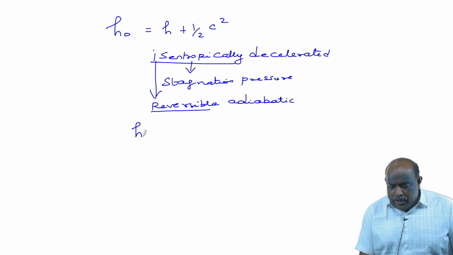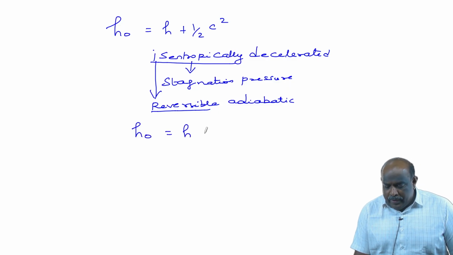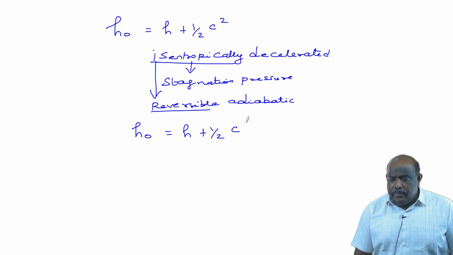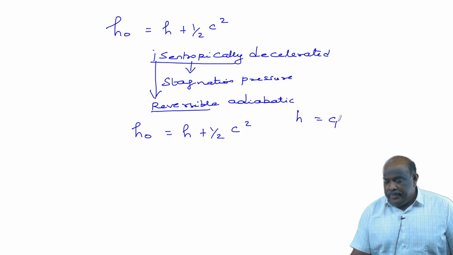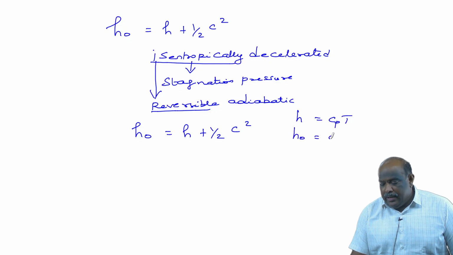So, we have H naught equal to H plus half C squared. We know H is given by Cp T, so H naught will be given by Cp into T naught.